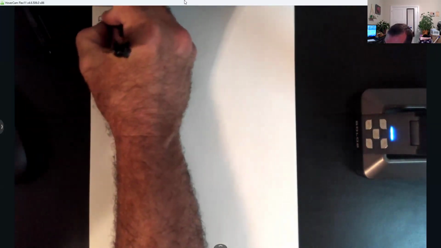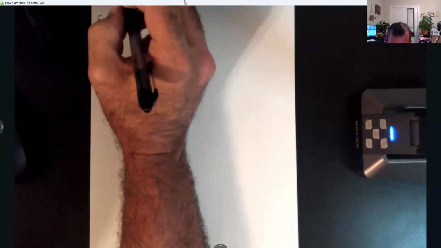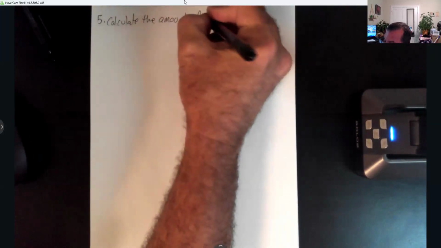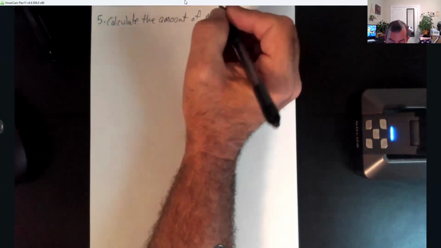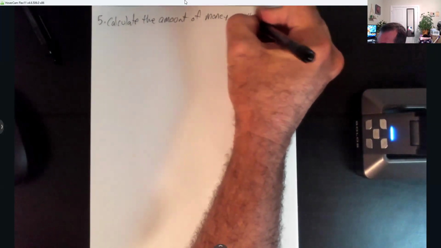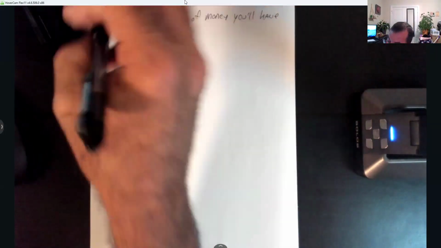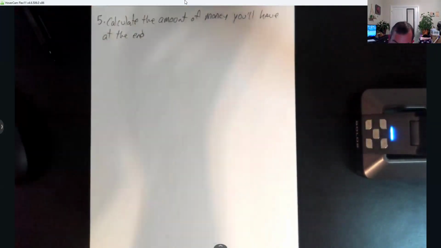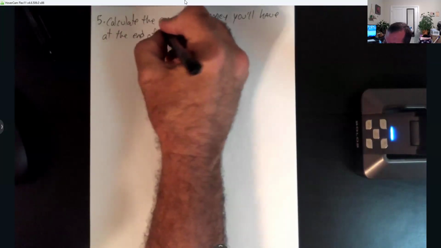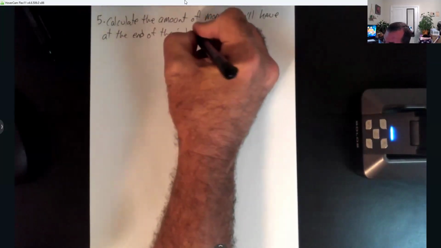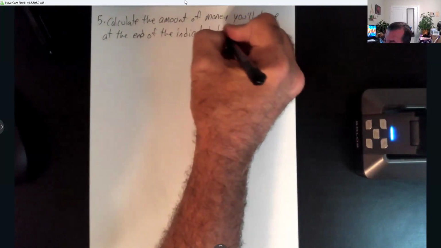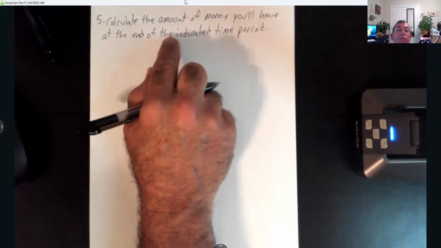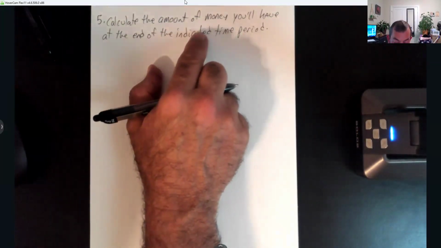All right, y'all, this one says calculate the amount of money you'll have at the end of the indicated time period. Now, this one don't want the interest. This wants the whole amount of money I'm going to have, okay?